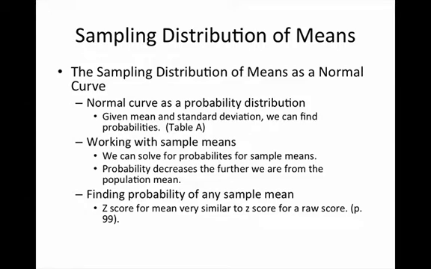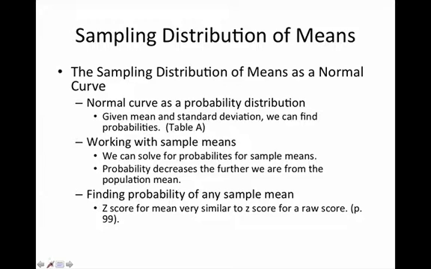Now, the normal curve is a probability distribution. That means that given the mean and the standard deviation, we can find probabilities. This is table A that we're used to. When we're working with sample means, we can solve for these probabilities for sample means and not just individual values, and we still use table A to do that.